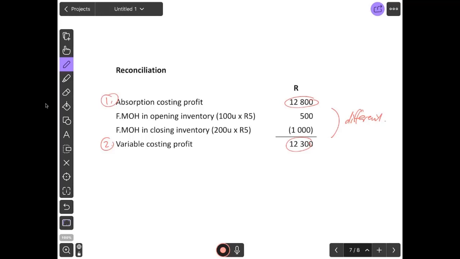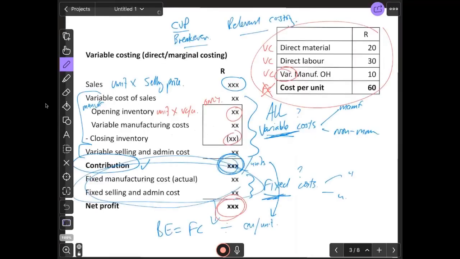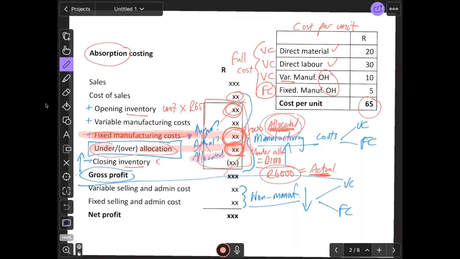So like I said, the only difference is the opening and closing inventory. That's not the same. And what is the difference between opening and closing inventory? Can you remember? Cost per unit for absorption costing is 65 because we include the 5 Rand fixed manufacturing overhead. But for variable costing, it's 60.